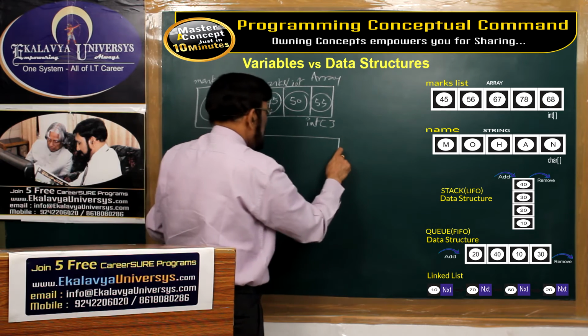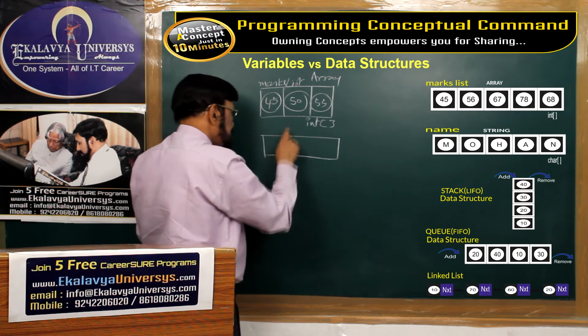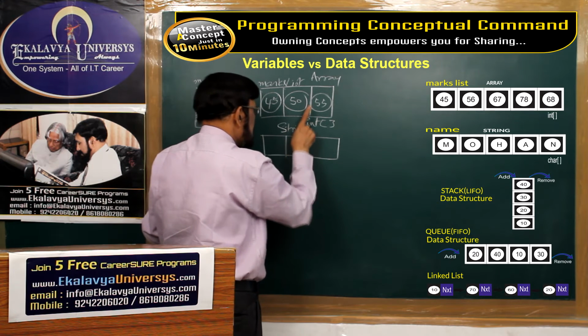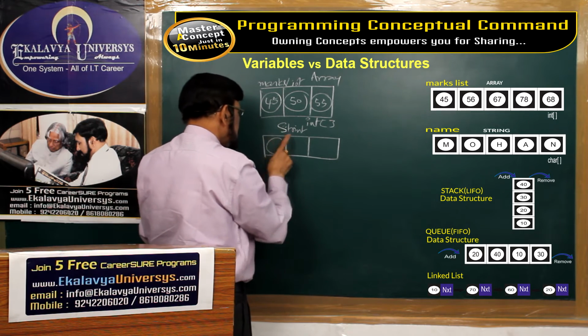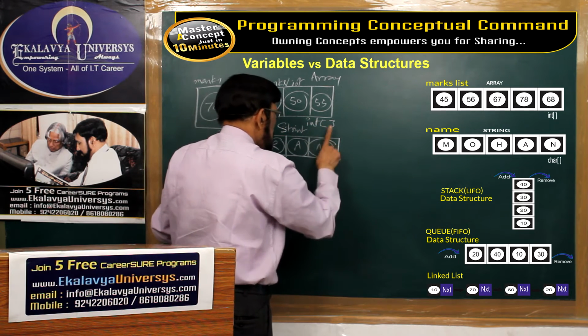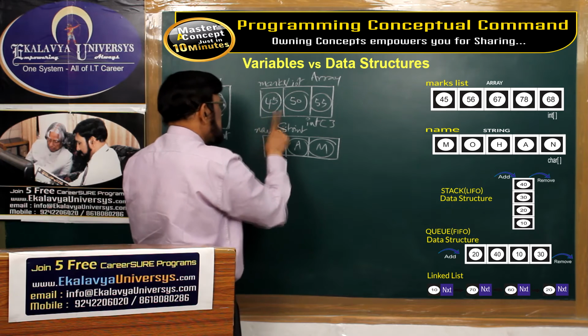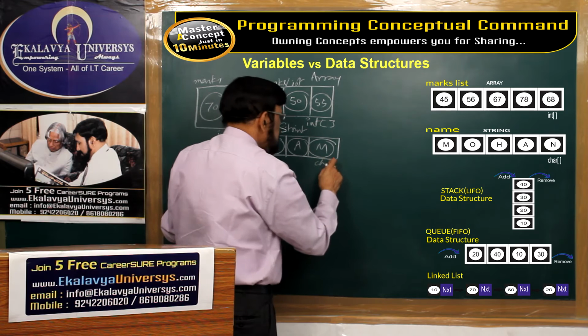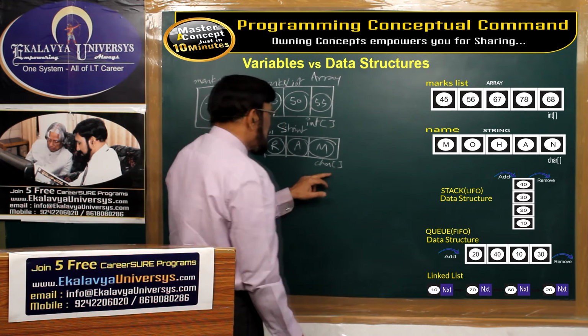Suppose another data structure like array is there, that is called the string data structure. In the string data structure you can store only characters. Suppose its name is name, and its type is char array.